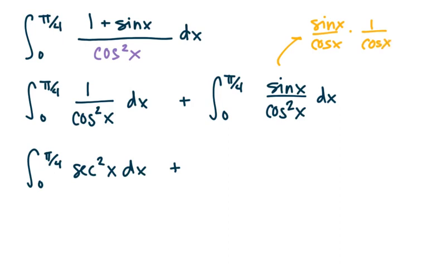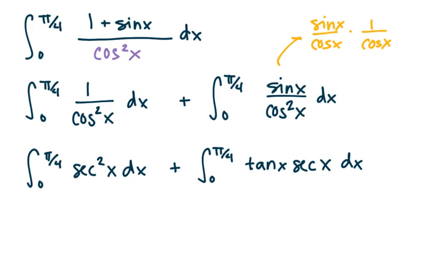So sine over cosine is tangent x, and 1 over cosine is secant x. Both of these are integrals that we know from our table. Using the table that corresponds to our book specifically, we're looking at integral 8 and integral 10.